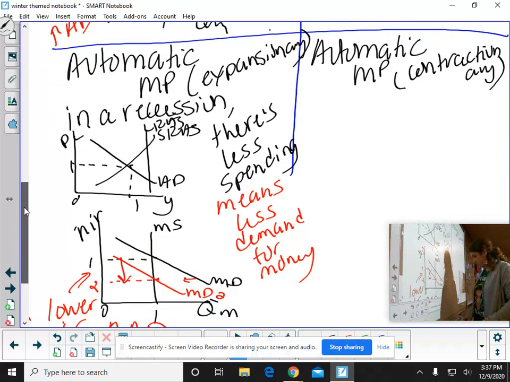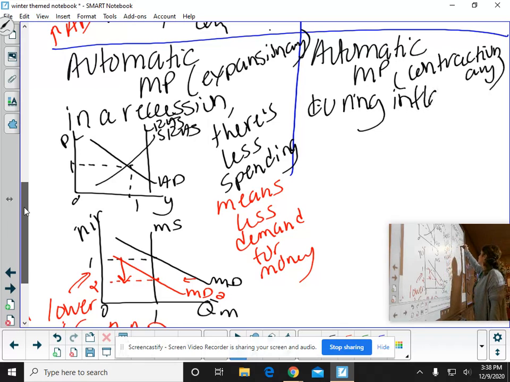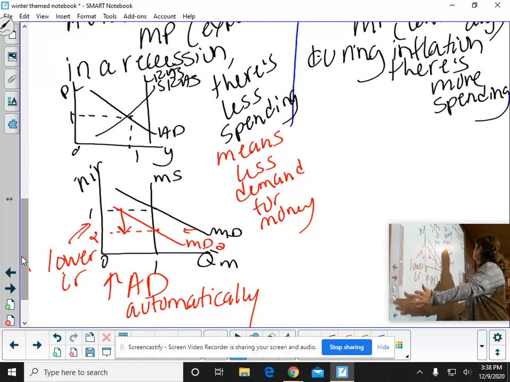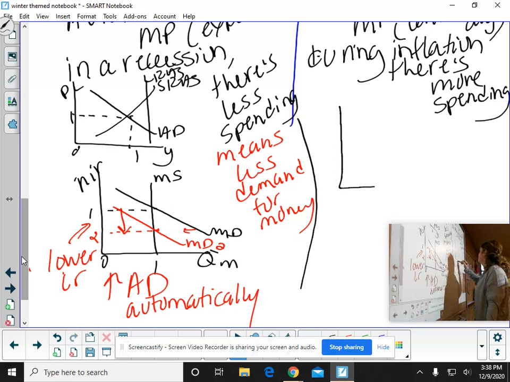So here we have automatic, this time contractionary monetary policy, where it's during inflation. During inflation, there's more spending. Because first off, you have to spend more because prices are high, and well, that's what causes the inflation to begin with, there's too much spending.